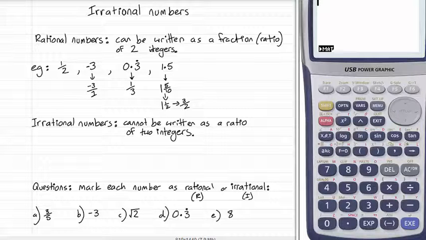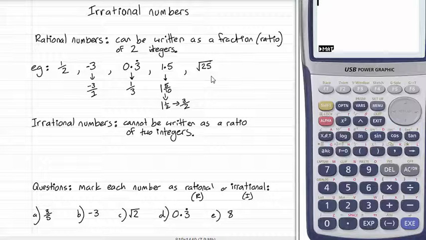Even some square roots and cube roots are rational numbers. If I asked you for the square root of 25, we could check that on our calculator if we weren't certain. The square root of 25 says, what number did I square, did I multiply by itself to get 25?